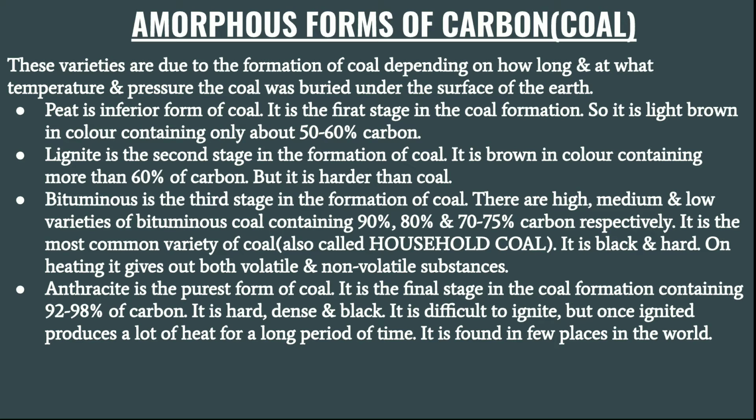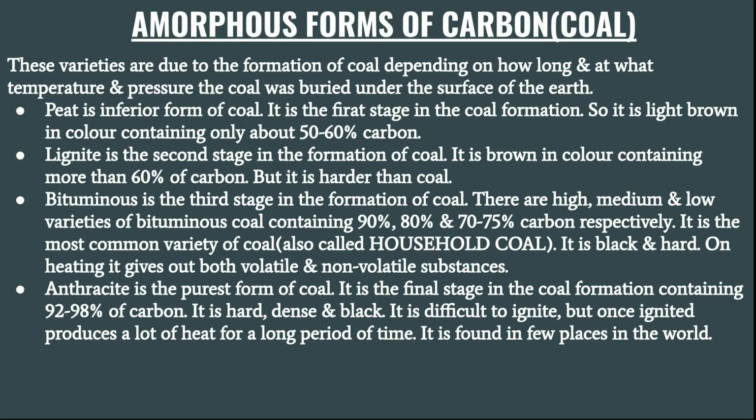The high variety has 90% carbon, the medium variety has 80%, and the low variety has 70 to 75% carbon. It is the most common variety of coal, and we call it household coal. It is black and hard, and on heating it gives out both volatile and non-volatile substances.